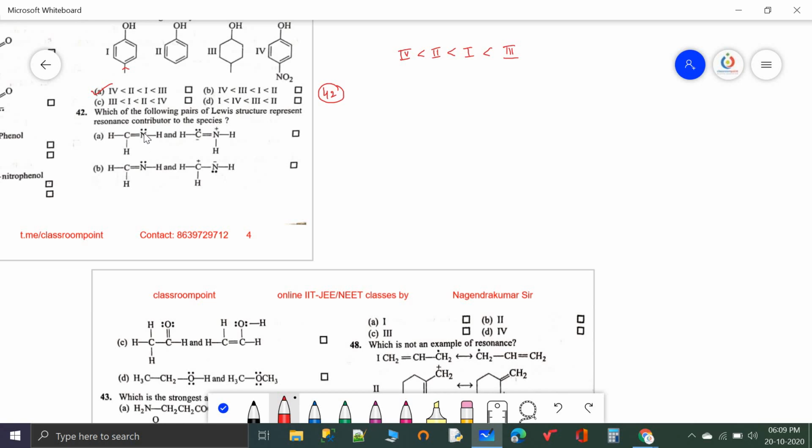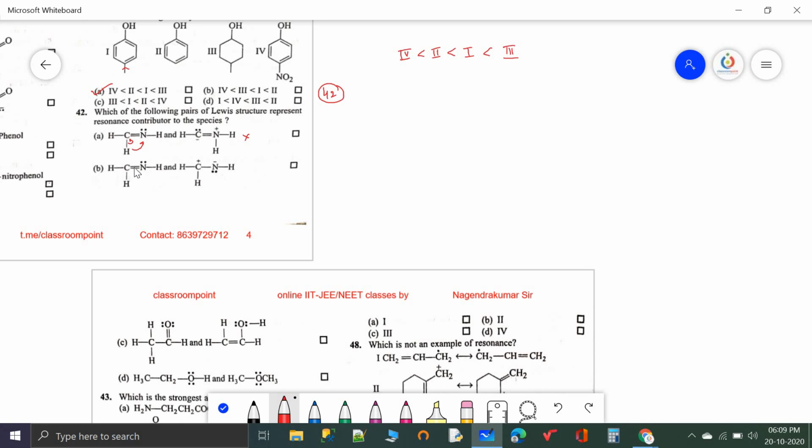Here a double bond is there and this cannot shift. Here these bonded electrons are shifted to the carbon and transferred to the nitrogen. It will not contribute a resonance structure. In resonance structures, bonds get changed, not the position of the atoms.